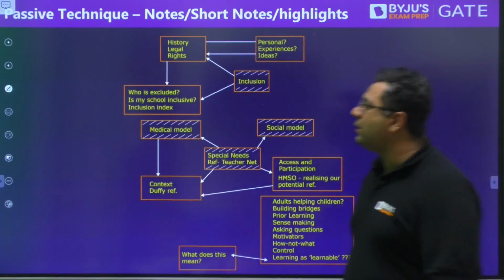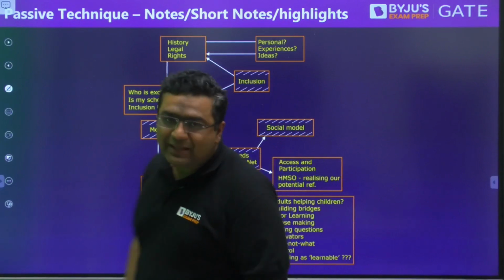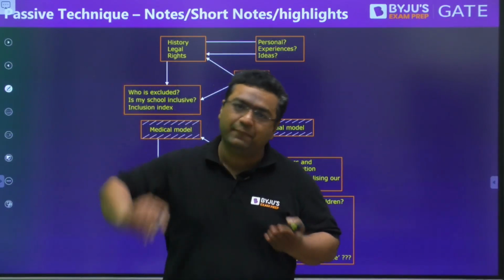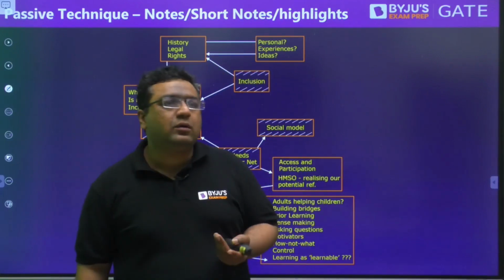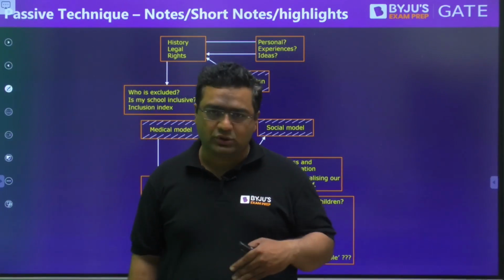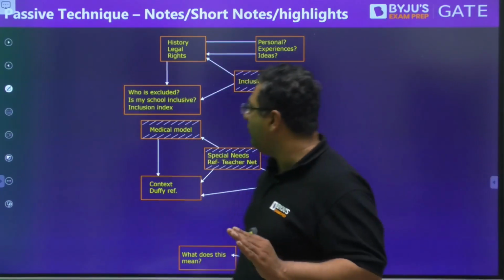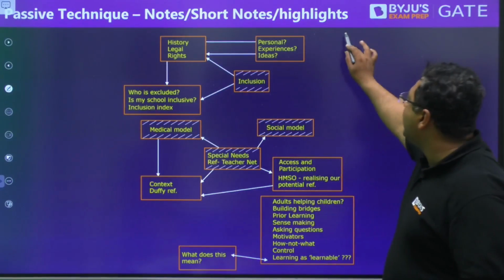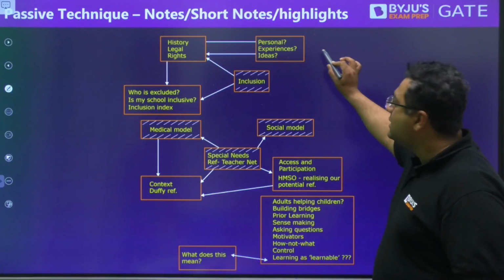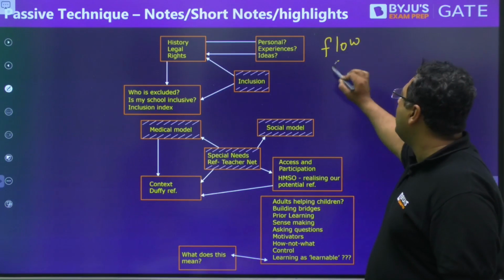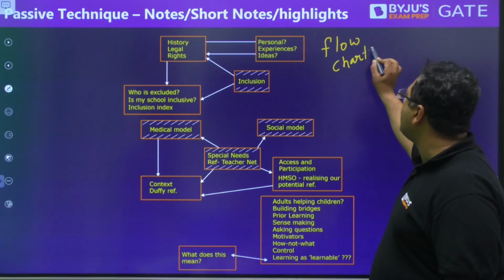Now we are talking about the passive techniques. In the passive techniques, my dear, some students have a habit of writing all the time. So in that way, if you are going to revise, you can make short notes. While making the short notes, you will be revising the things. That is the passive way. And here you must try to make some kinds of flow charts that will make things easier for you to understand.